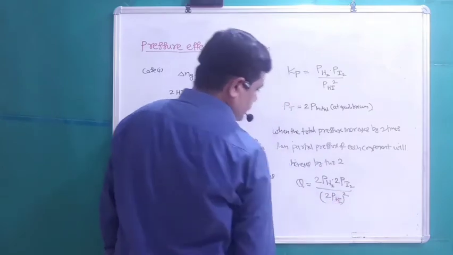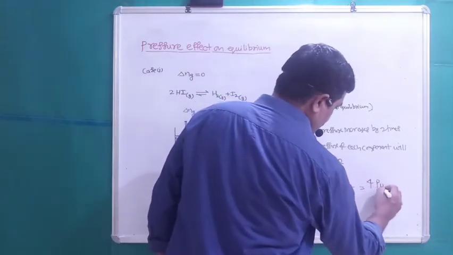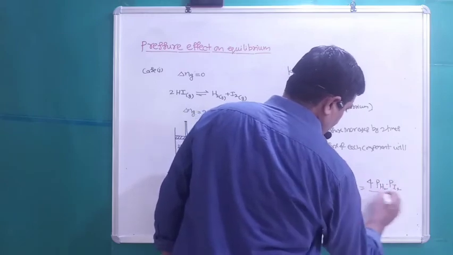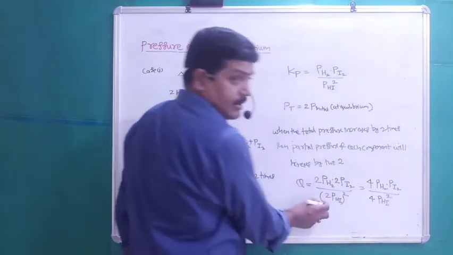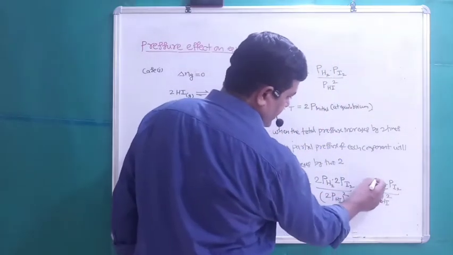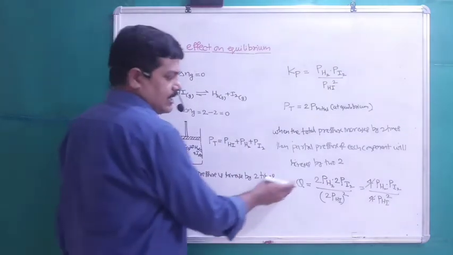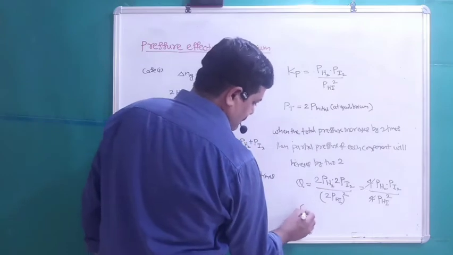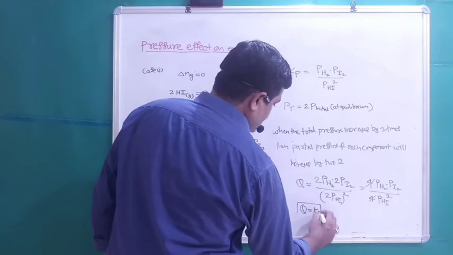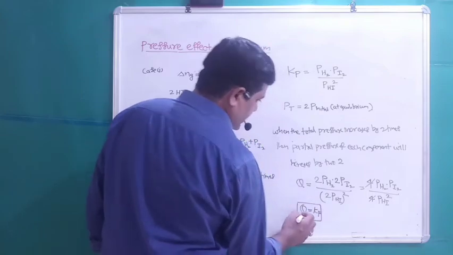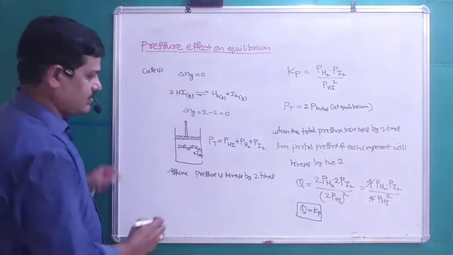We can write it as 4 PH2 multiplied by PI2 divided by 4 PHI square, so the 4 gets cancelled. Even after changing the pressure, Q is the same as Kp. Q same as Kp means the change in pressure has no effect on equilibrium. This applies when delta Ng is equal to 0.